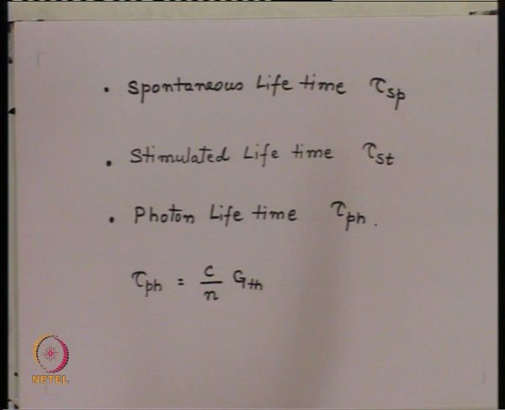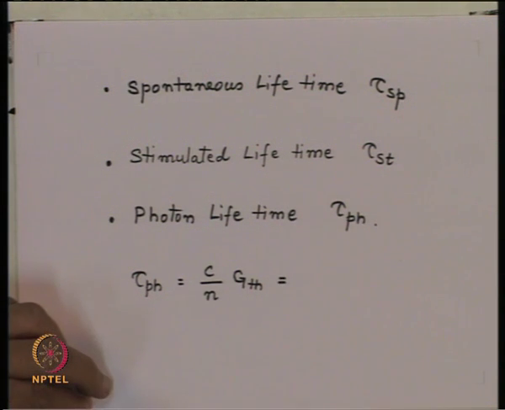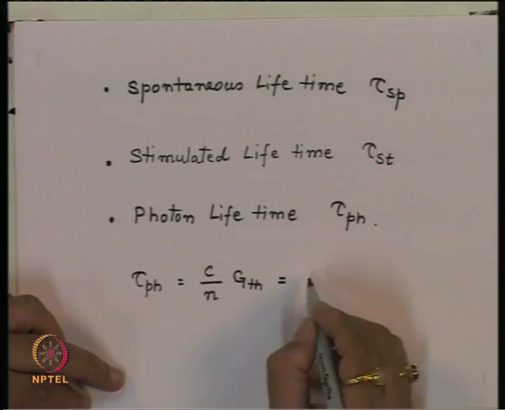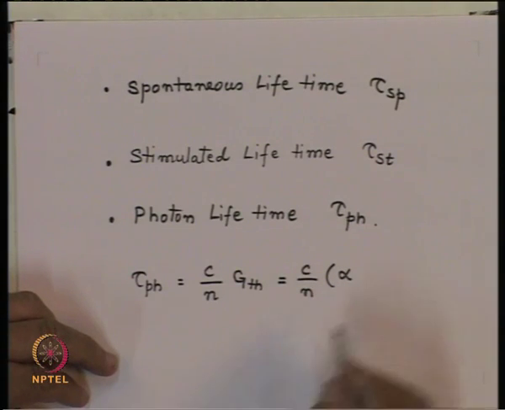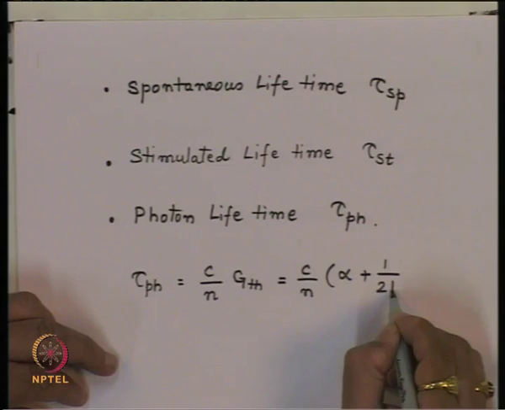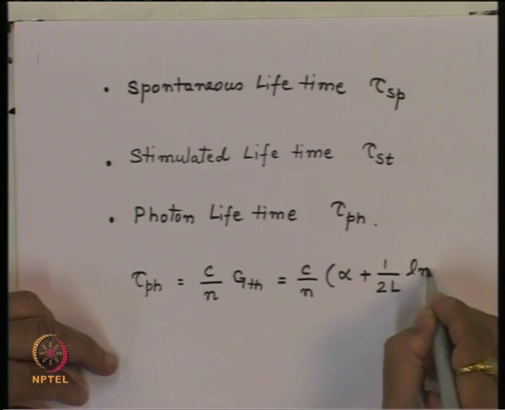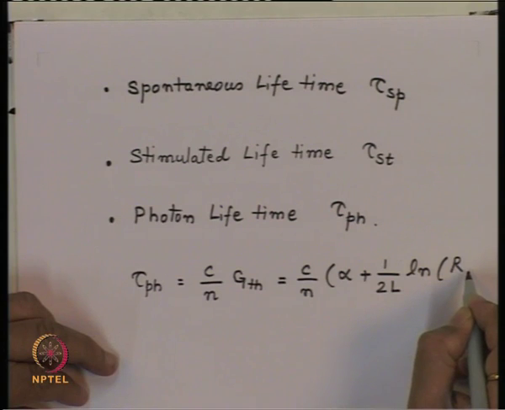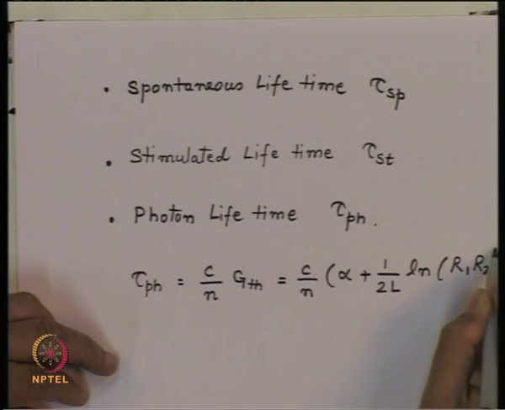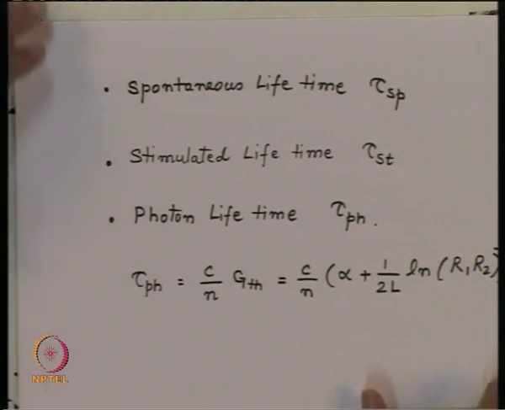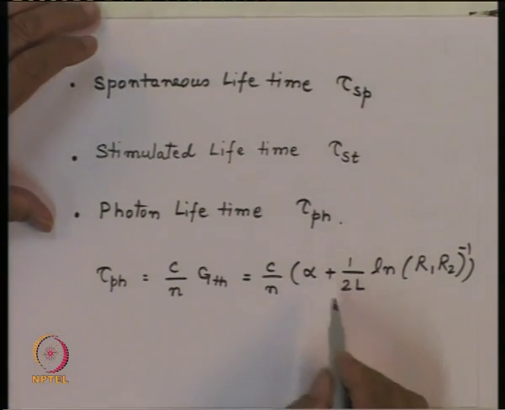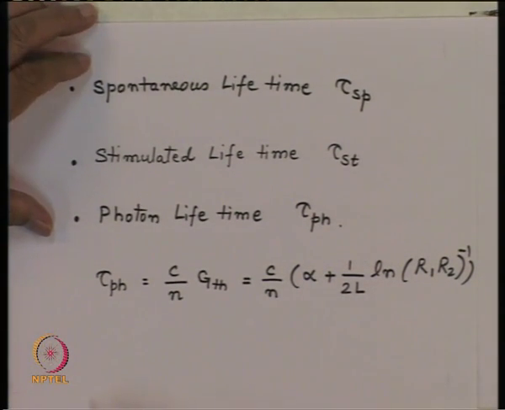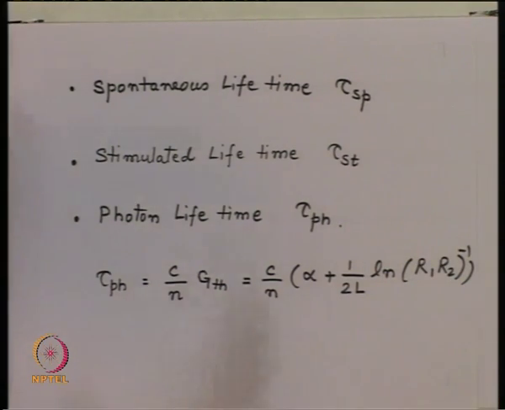So, as we have seen earlier from the condition for the positive feedback, this quantity would be equal to c by n into alpha, which is the absorption inside the material, plus 1 upon 2L log of 1 upon R1 R2, like this. So, alpha is the absorption coefficient of the material, L is the length of the region where lasing is taking place, and R1 and R2 are the reflectivities of the 2 mirrors of the cavity.